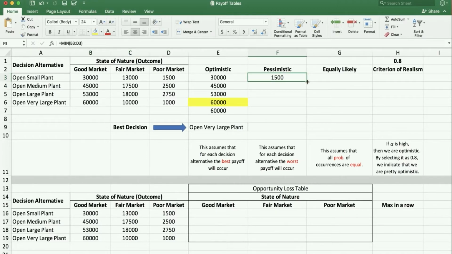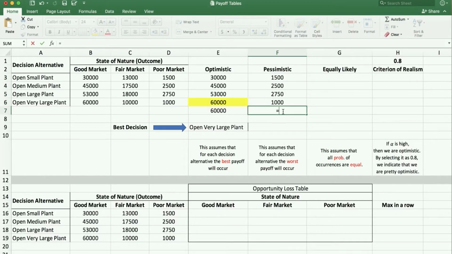I can immediately go to the bottom right and drag it all the way down to find the minimum for each decision alternative. And then at the end, we are going to take the max of these minimum values. For this reason, this method is also called the Maxi-Min approach.